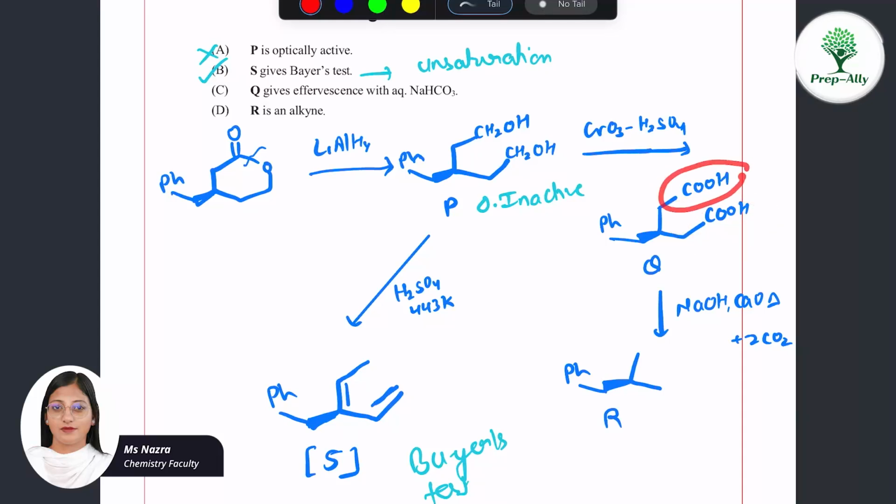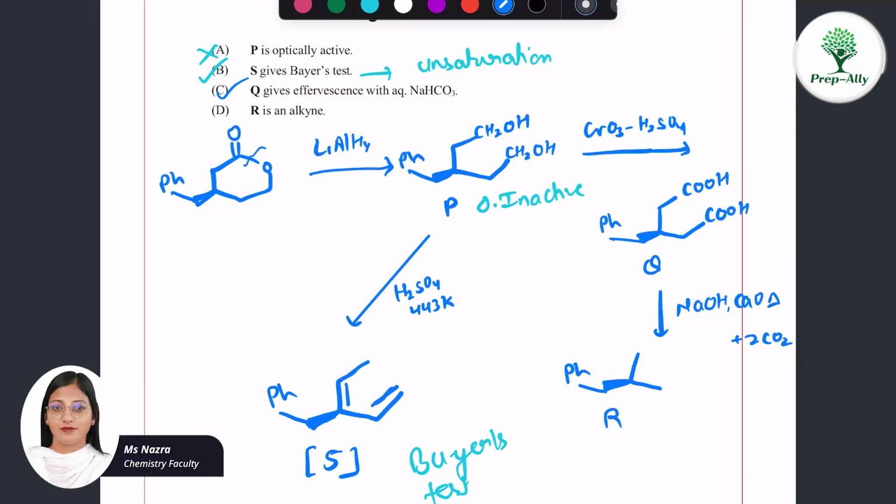So when we remove this H+ ion, the conjugate base will be stable. Then the H+ ion will react with sodium bicarbonate and result in the formation of the carboxylate salt and H2CO3. So it will give you the effervescence, and that H2CO3 will further break down into H2O plus CO2. So option C is also correct, the effervescence coming from the CO2 formation.